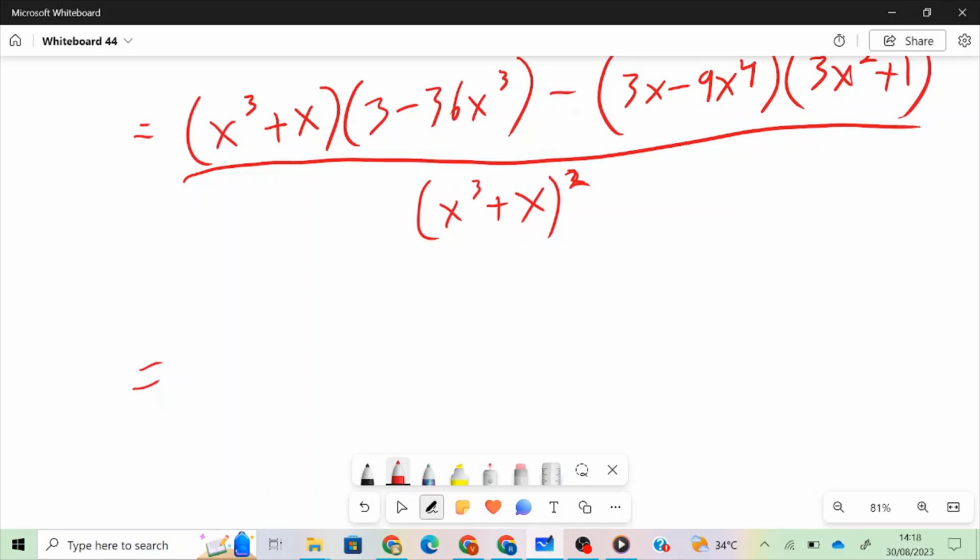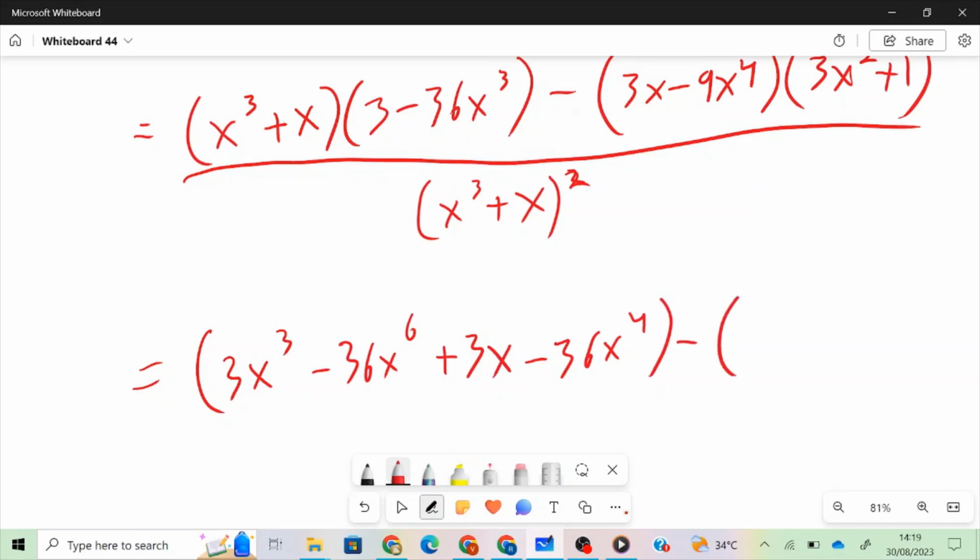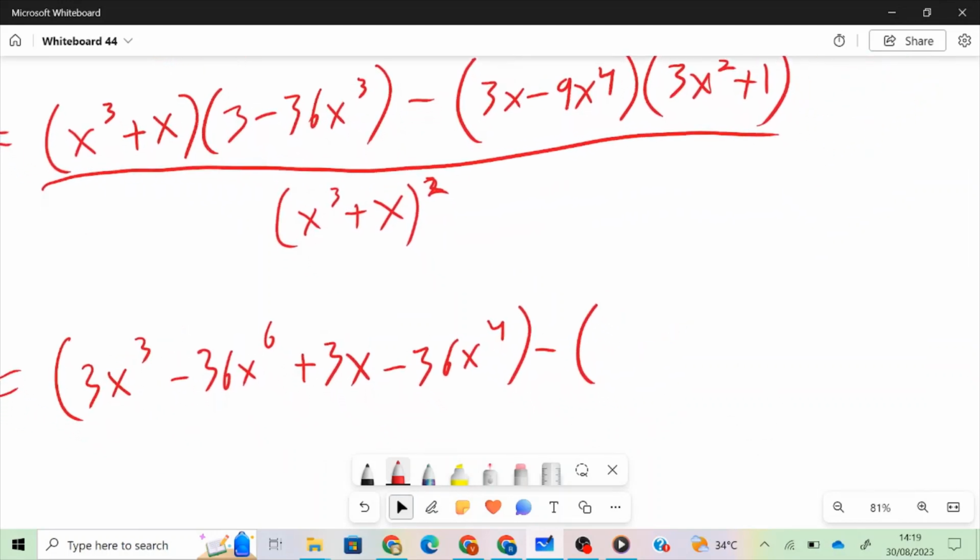So upon expansion for this first part, we get 3x cubed minus 36x to the power of 6 plus 3x minus 36x to the power of 4, minus, and then the next part we get minus 9x to the power of 3 plus 3x minus 27x to the power of 6 minus 9x to the power of 4.